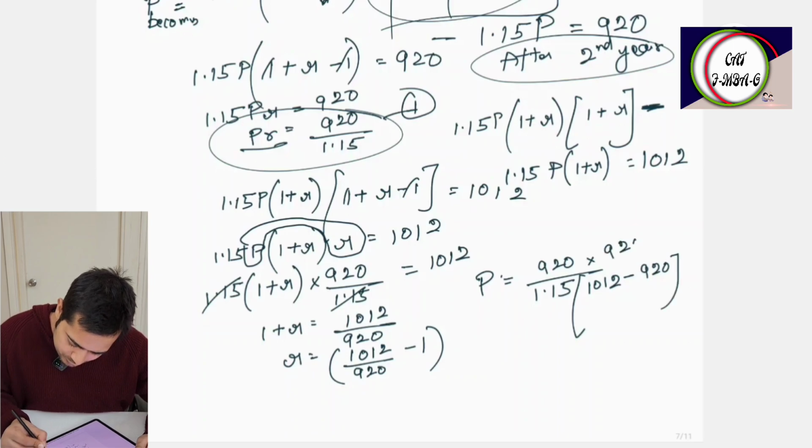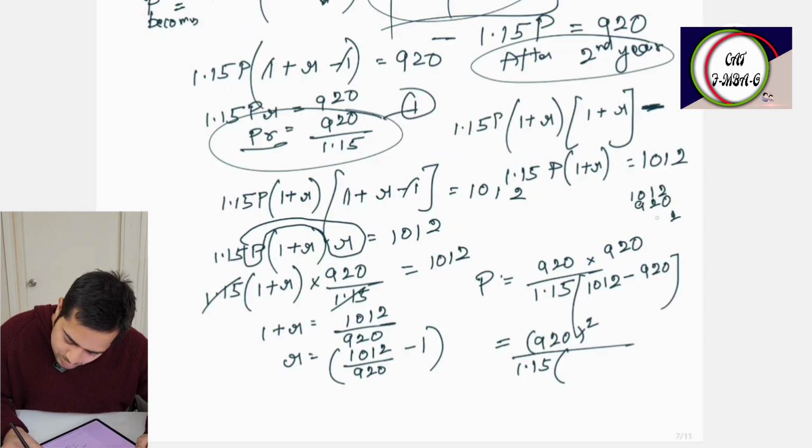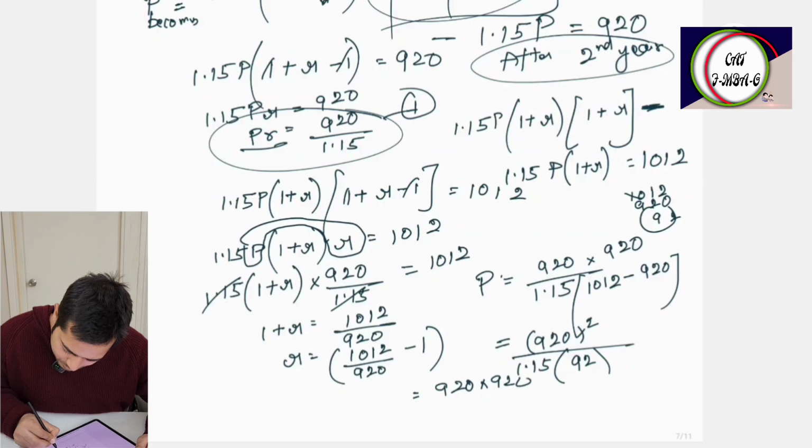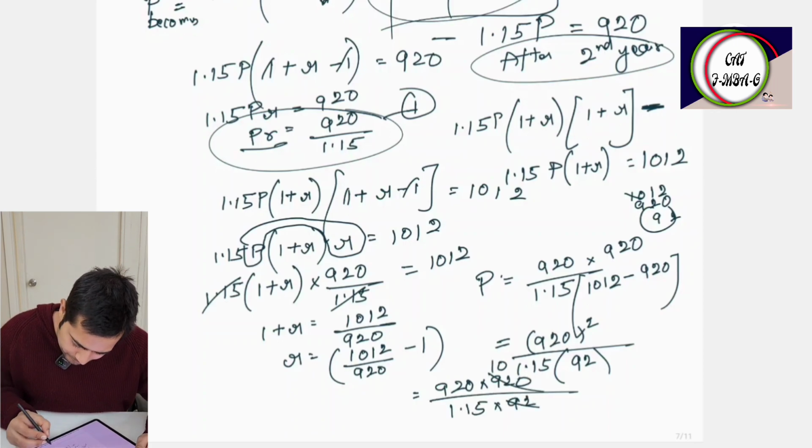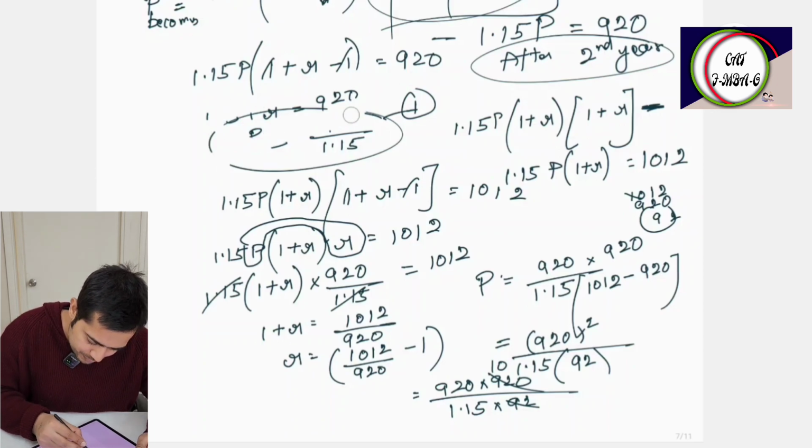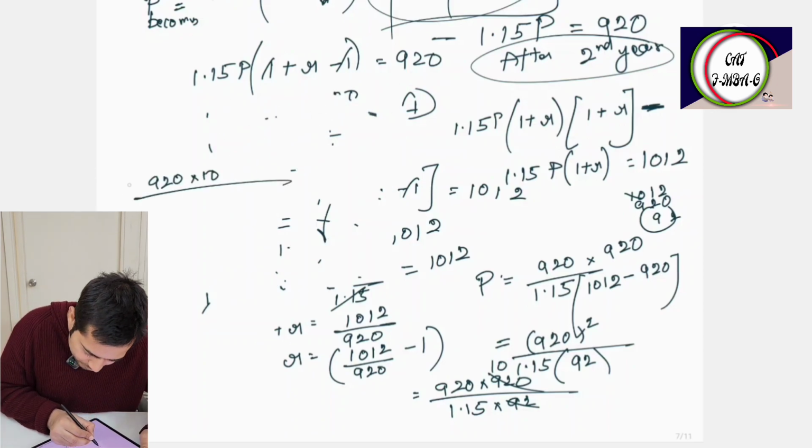Let me clear some of the space. So 920 into 920 divided by 1.15 into 92, divided by 5. Okay.